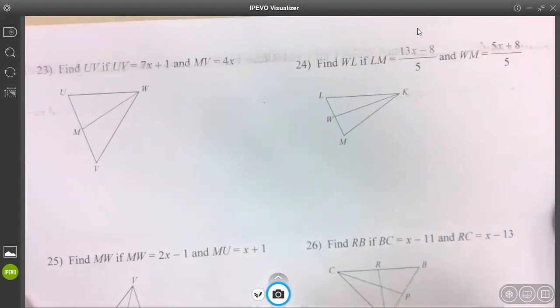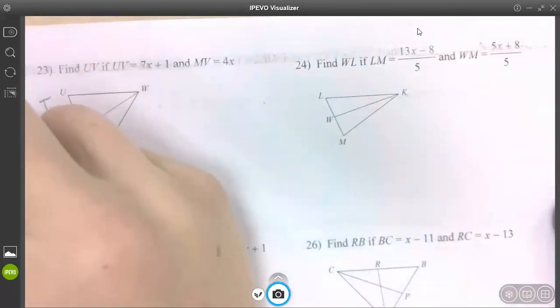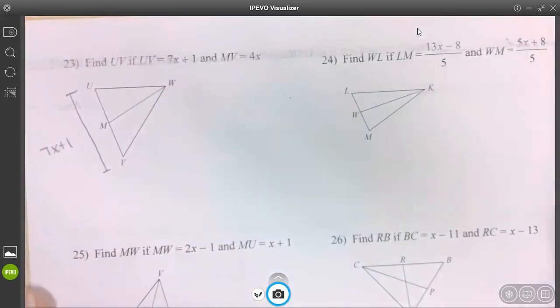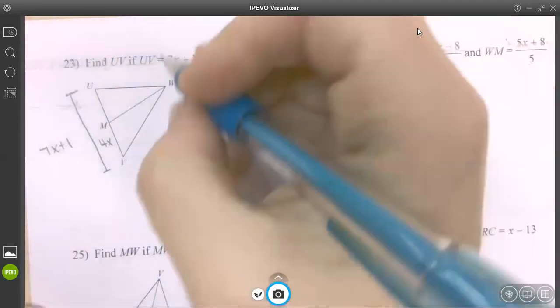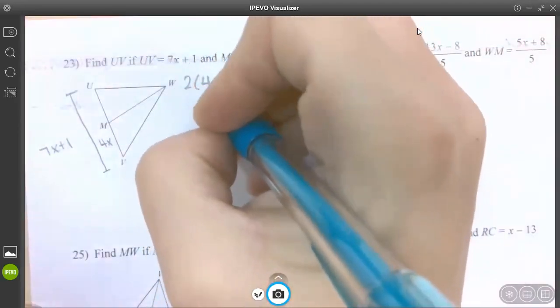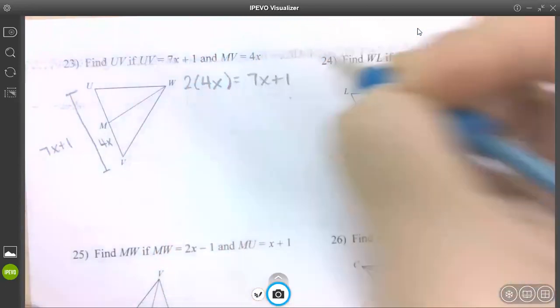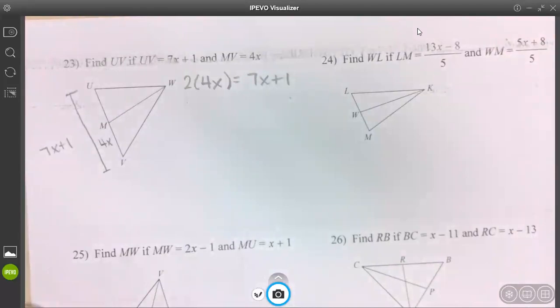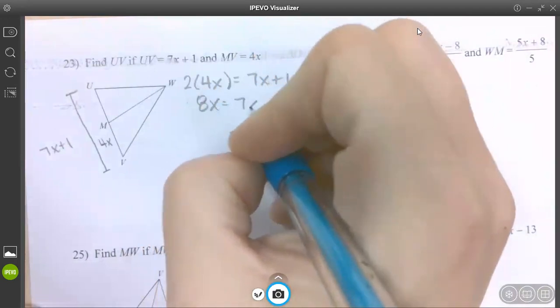And they're going to look the same way. UV is the full line, was 7x plus 1. And then MV is a little one. So the way we set it up is 2 times the little part equals the whole line. 2 times 4x is 8x.